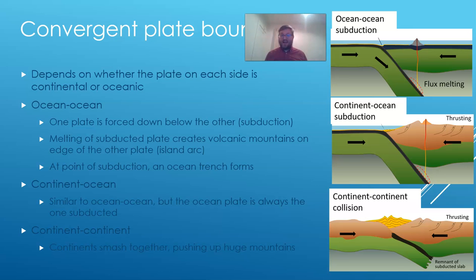The Appalachian Mountains running here through Pennsylvania are also the product of a continent-to-continent convergent plate boundary in the distant past. About 300 million years ago, North America and Africa smashed together. These two continents collided, and they created what were at the time some of the biggest mountains that the Earth had ever had. Mountains are much smaller today because that plate boundary has now become a divergent plate boundary.